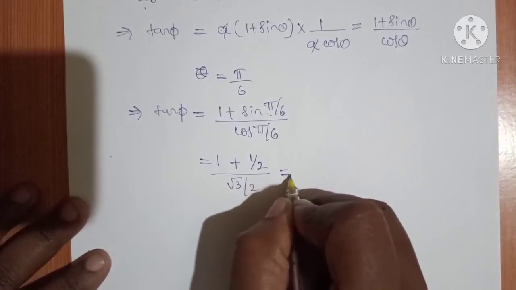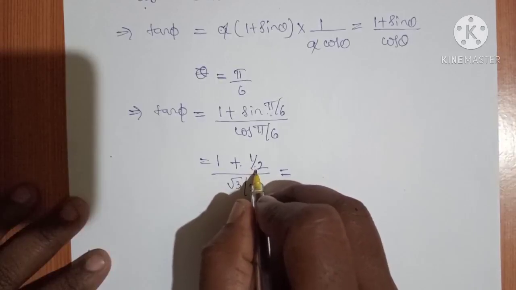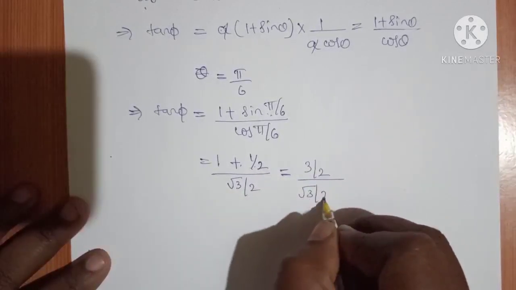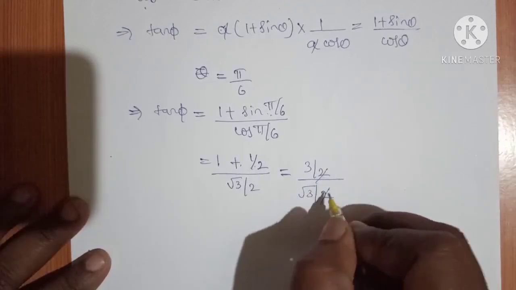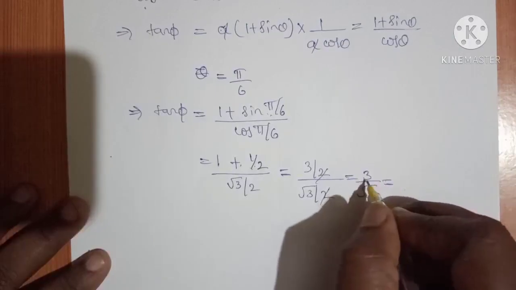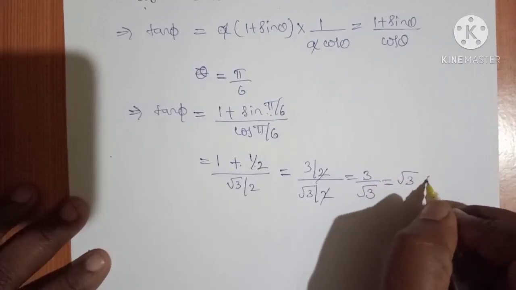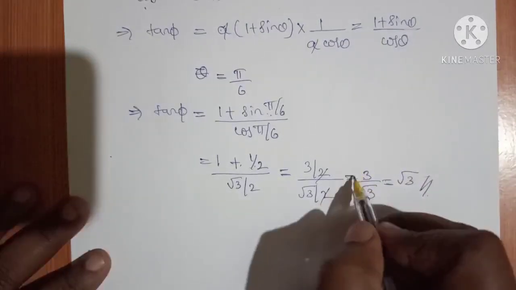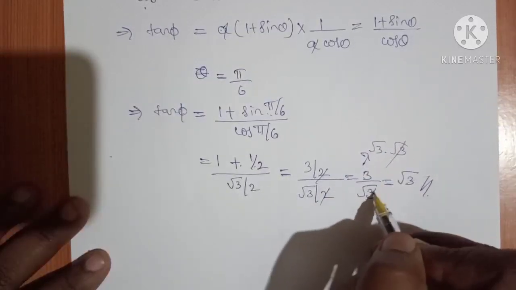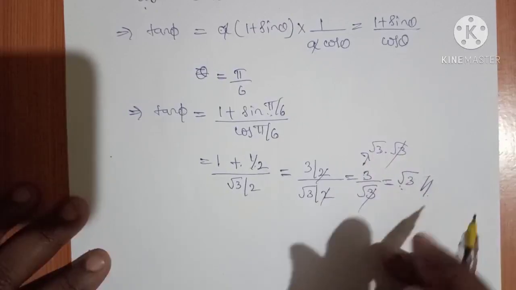Simplifying, the numerator becomes 3 by 2 and the denominator is root 3 by 2. The 2 cancels, we get 3 by root 3. This 3 can be written as root 3 into root 3. One root 3 cancels, therefore we get root 3.